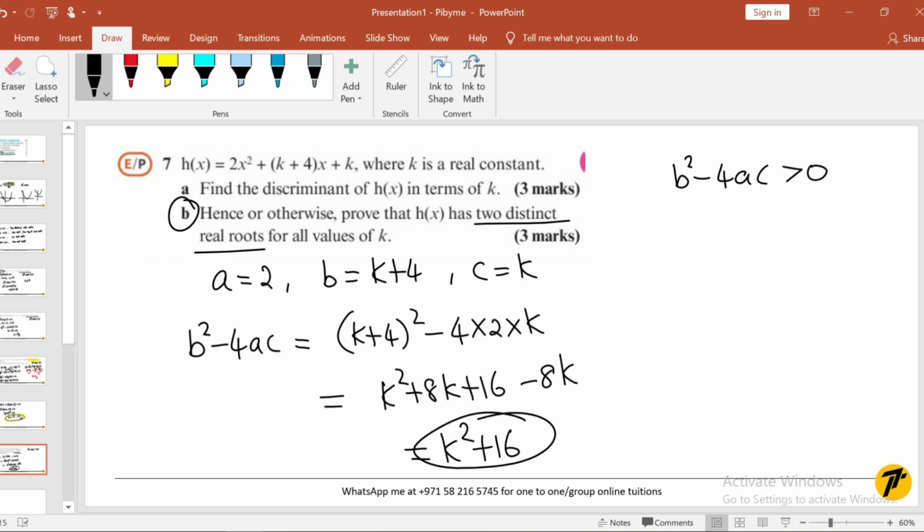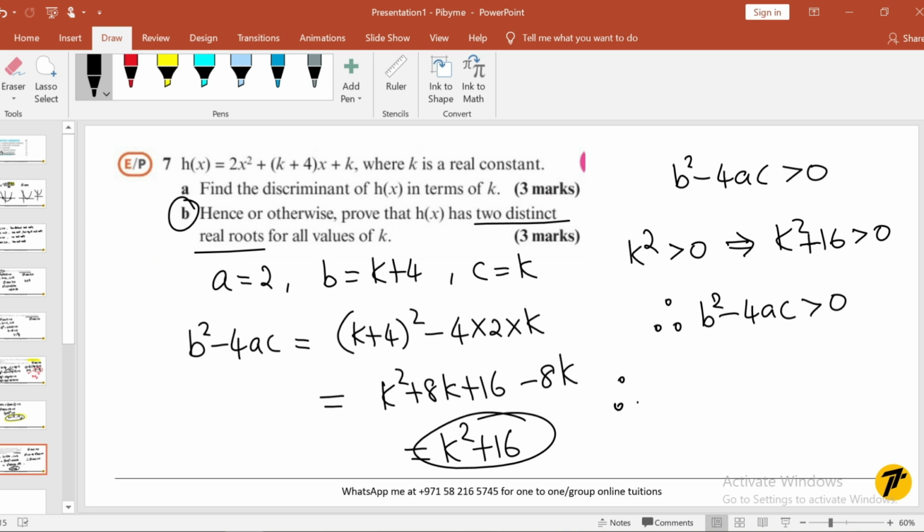How do we prove that? We know k square is greater than 0, right? Because a square of a number will always be a positive number. That gives us a positive number, plus 16 is greater than 0 also. Therefore, k square plus 16, that's the discriminant, is greater than 0.